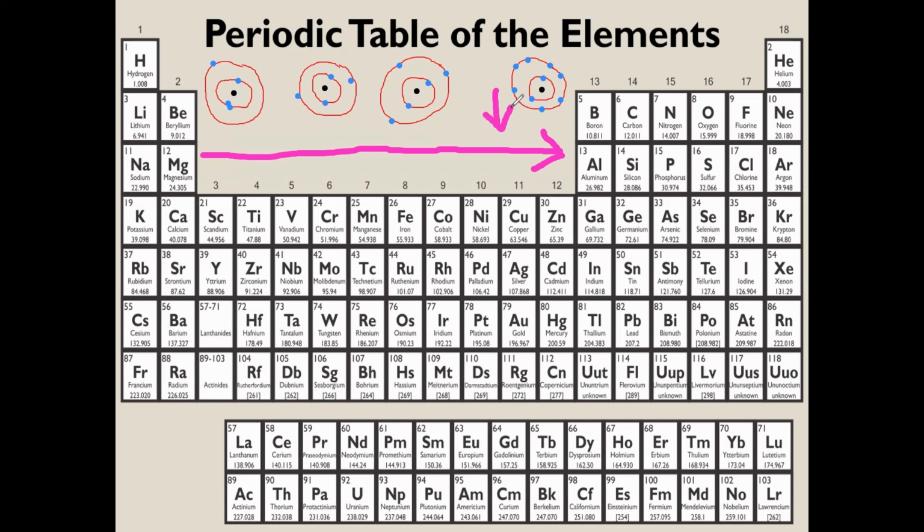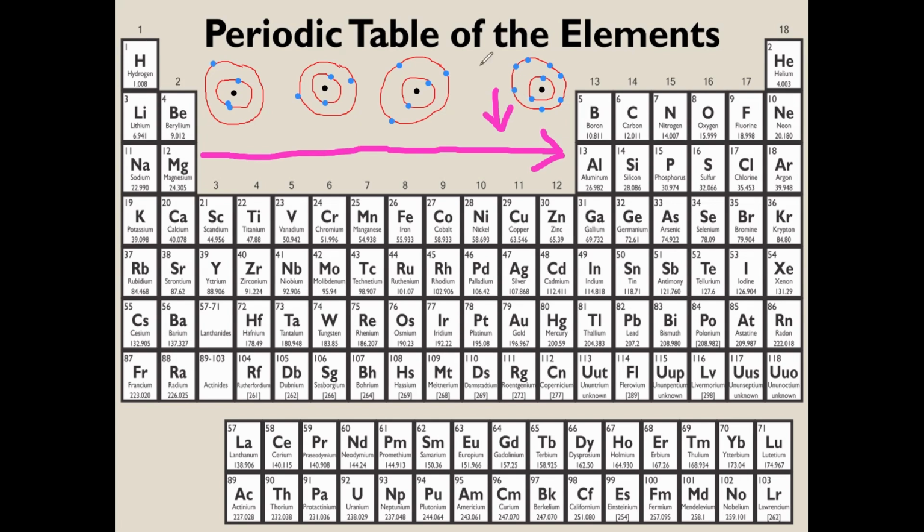Because there will be more electrons, more negative charge, and more positive charge in the nucleus. So the nucleus will attract the shell. There will be more attraction force between the nucleus and the electrons, which means the shell will be attracted closer to the nucleus and the atom will shrink. That's why the atomic radius decreases over the period from right to left.